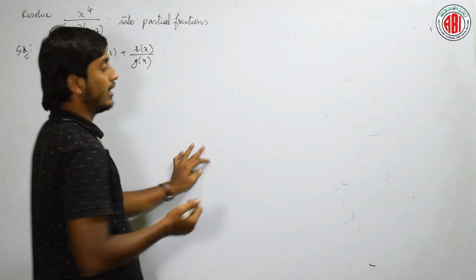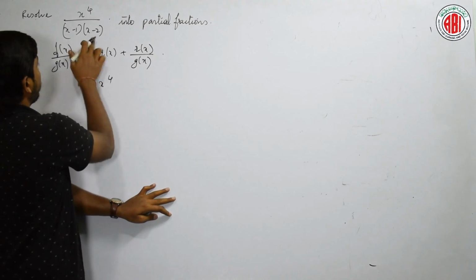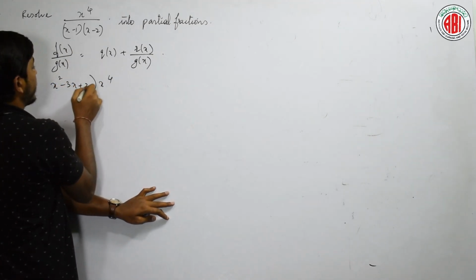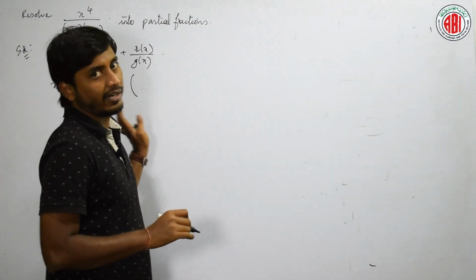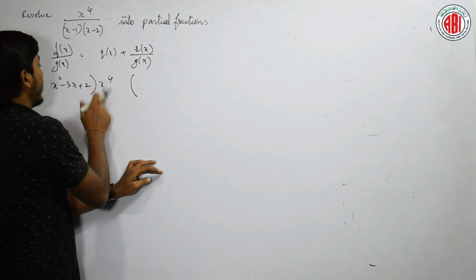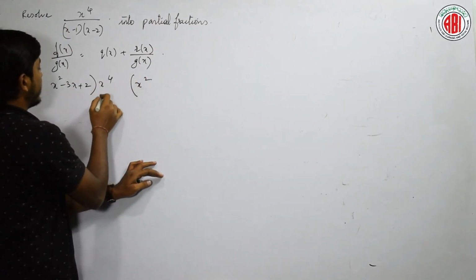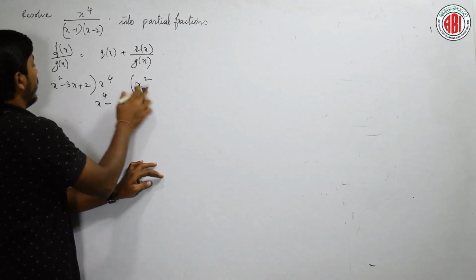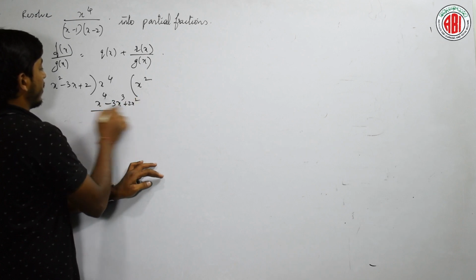Shall we divide? Now see here, x power 4 divided by x square minus 3x plus 2. Since it is not mandatory in your exam, I have written it directly. x power 4, let me multiply x square with the denominator. It is x power 4 minus 3x cube plus 2x square.